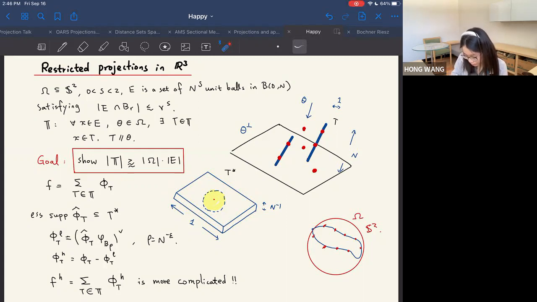As before, we can define the low frequency part and the high frequency part. The low frequency part is defined as we restrict the frequency of phi T to a small ball of radius n to the minus epsilon, and the high frequency part is defined as the outside. If the low frequency part dominates, then we can use the same method as before to say that this cannot happen.